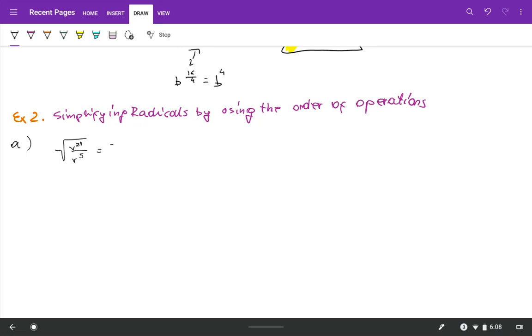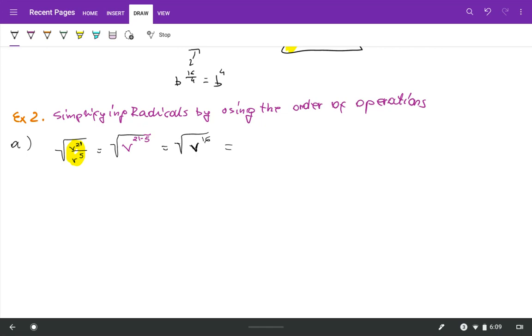So first what I'm going to do, I'm going to simplify this expression under the radical. So since those exponents have the same base, I will just put that as v, and we have division, so we're subtracting exponents. So this is 21 minus 5, which is 16, v to the power of 16.